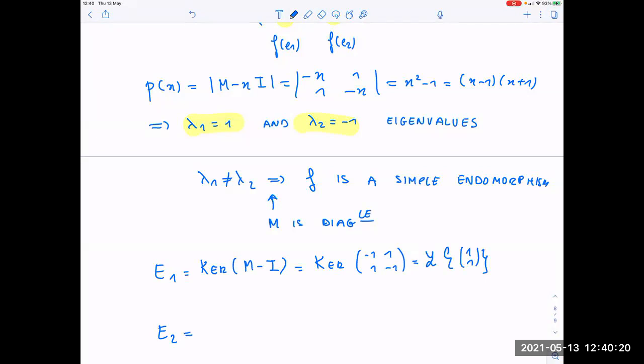And here, the eigenspace of minus 1 is the kernel of the matrix filled up with ones. So the linear span of (1, minus 1). Here are the eigenspaces, and here are their bases. Okay, any doubt, question, or remark about this?